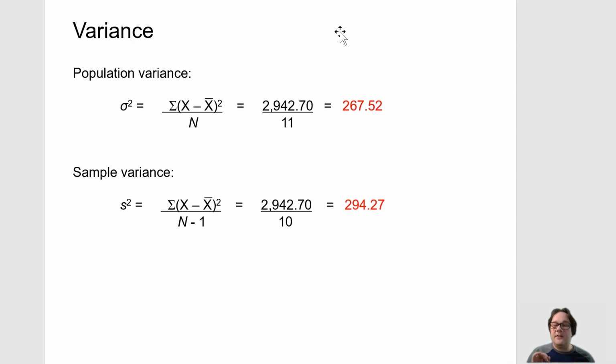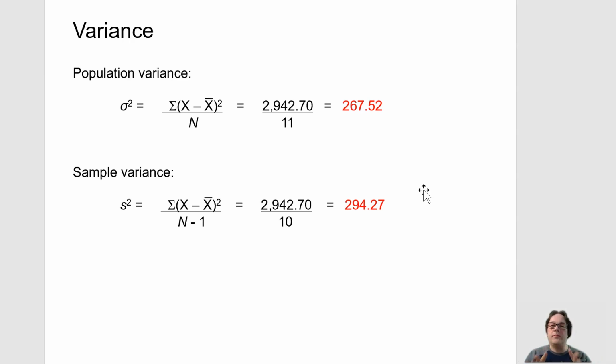You see what we did there? Take a look at these two values, right? Population variance is lower than our sample variance. What did we do? Well, by dividing by n minus 1, we inflated the variance a little bit. We threw in a couple extra bucks just to make sure we got our tab covered, right?